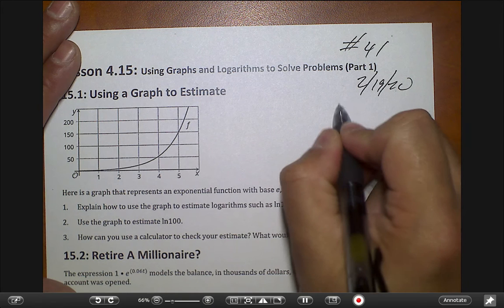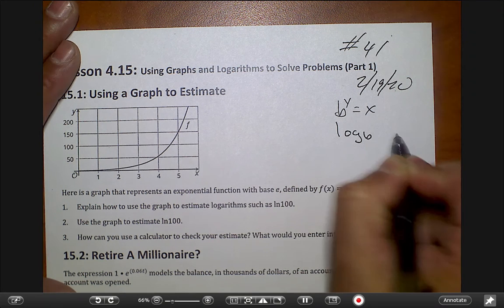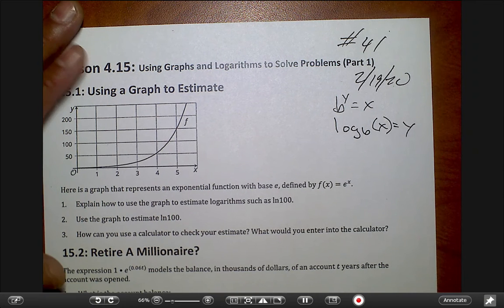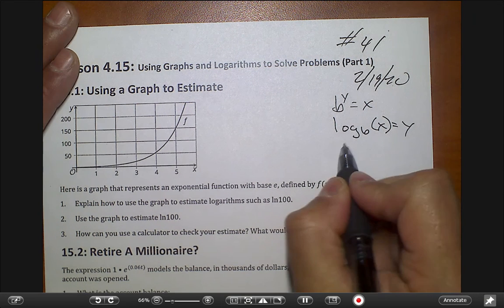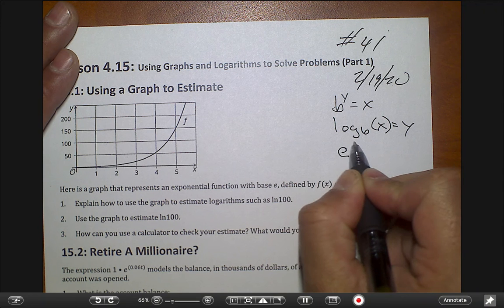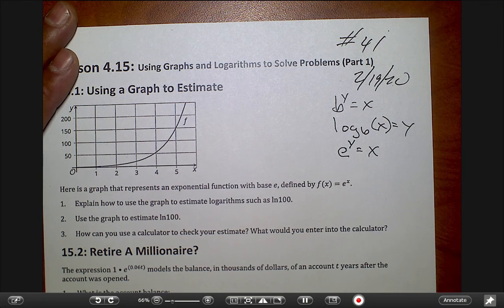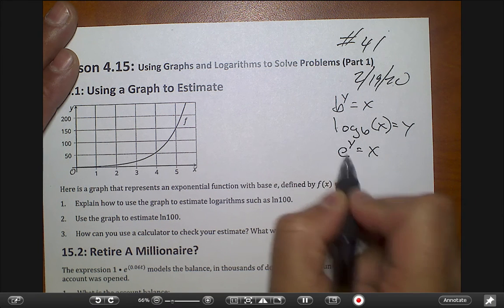So I have b to the y equals x, log base b of x equals y. Now, what would be the new way of doing this with e? If I were to rewrite that, that would be e to the y equals x, right? Because ln is just log base e.